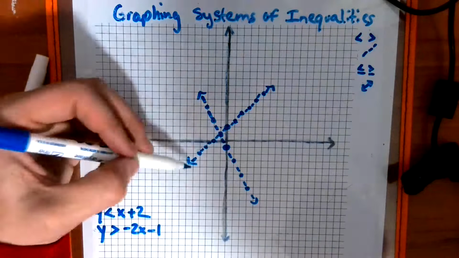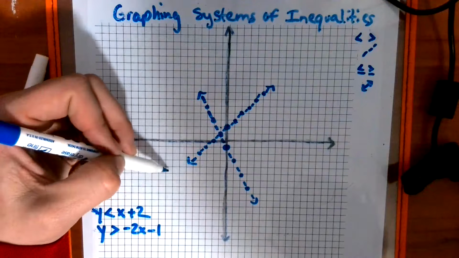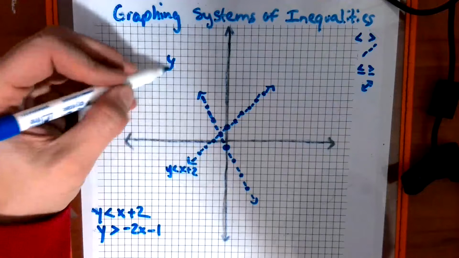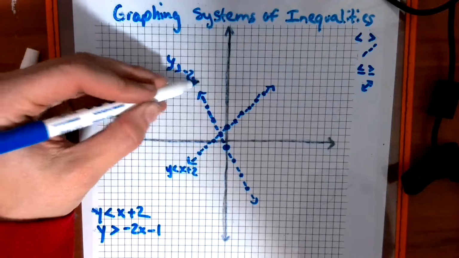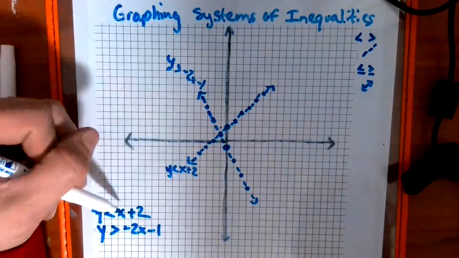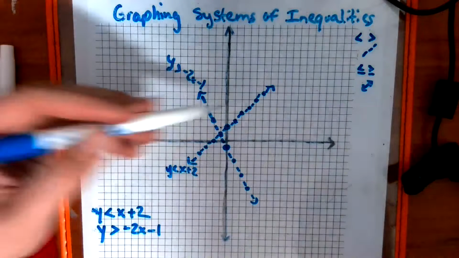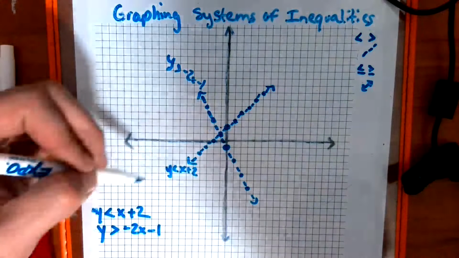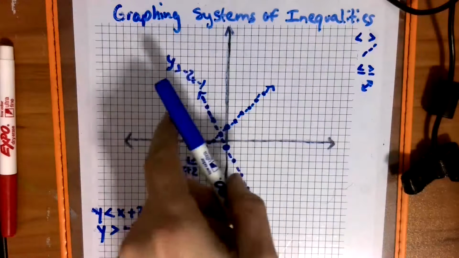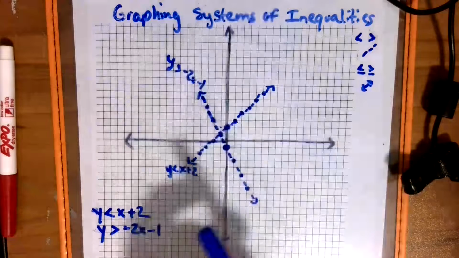Okay, so this one right here was y is less than x plus 2, and this was y is greater than negative 2x minus 1. That's a negative slope, hence negative in front. That's positive slope, going like a ladder, going like a slide. And here we go. So we're going to take this one and check if 0, 0 works, we shade up.